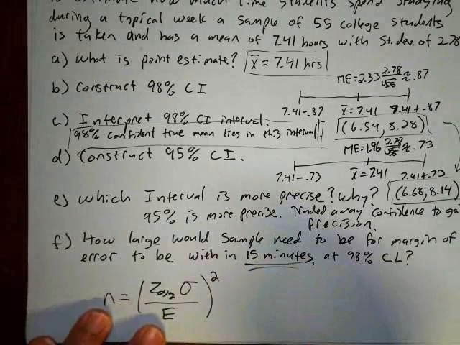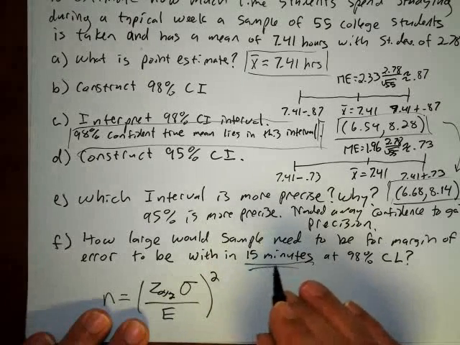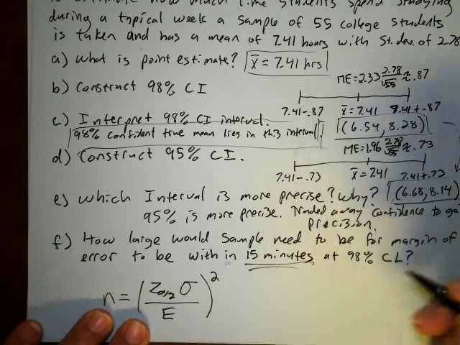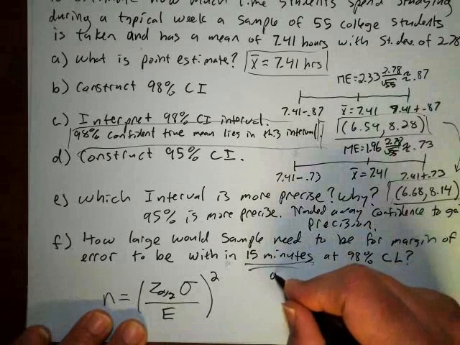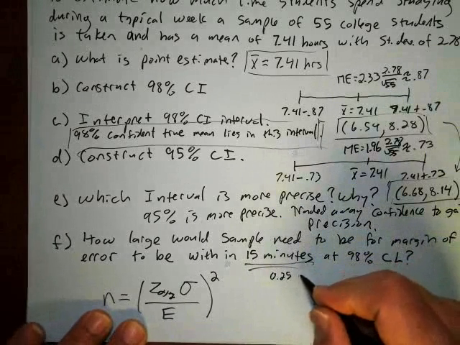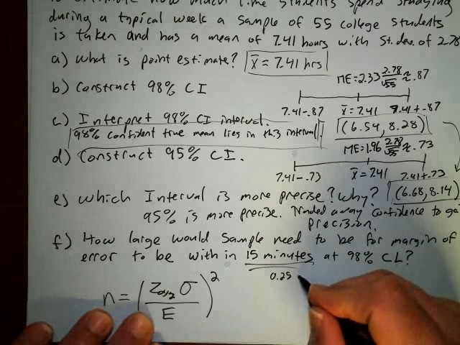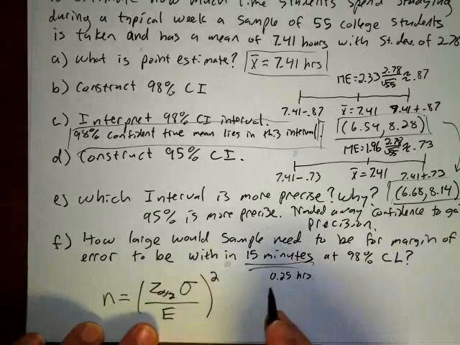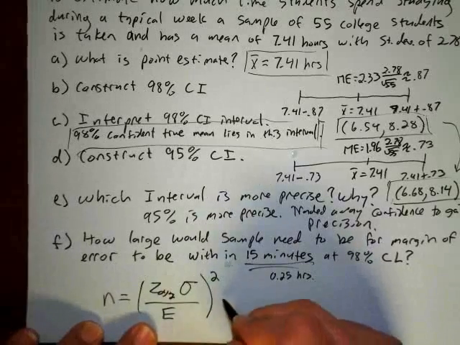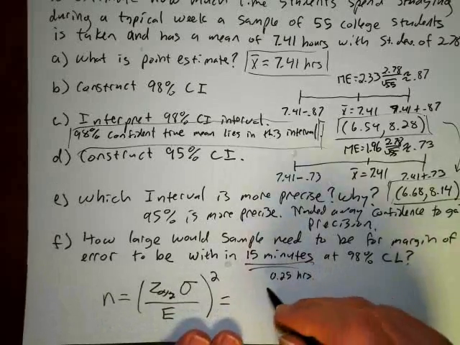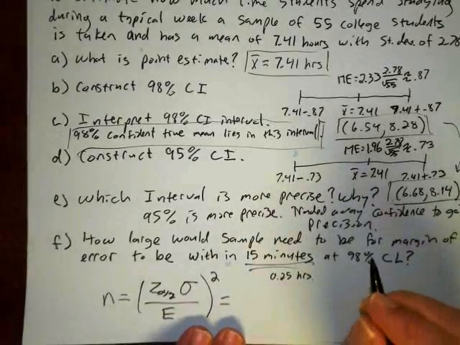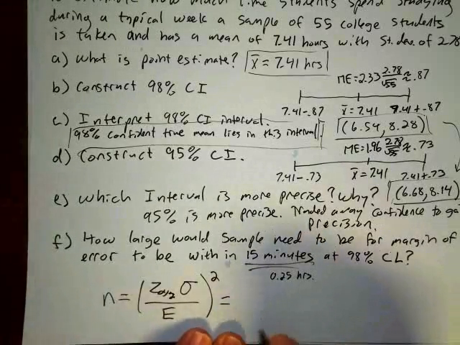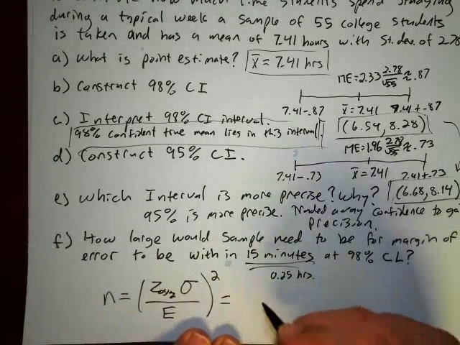And the reason why is 15 minutes here needs to be converted to hours. So 15 minutes is actually 0.25. It's 1/4 of an hour, right? So what you really want to use here is 0.25, right? So I'm not sure how many caught that. That was a little tricky. I probably won't be tricky like that when it comes to a test. I can't remember if there's any like that on the homework, though.